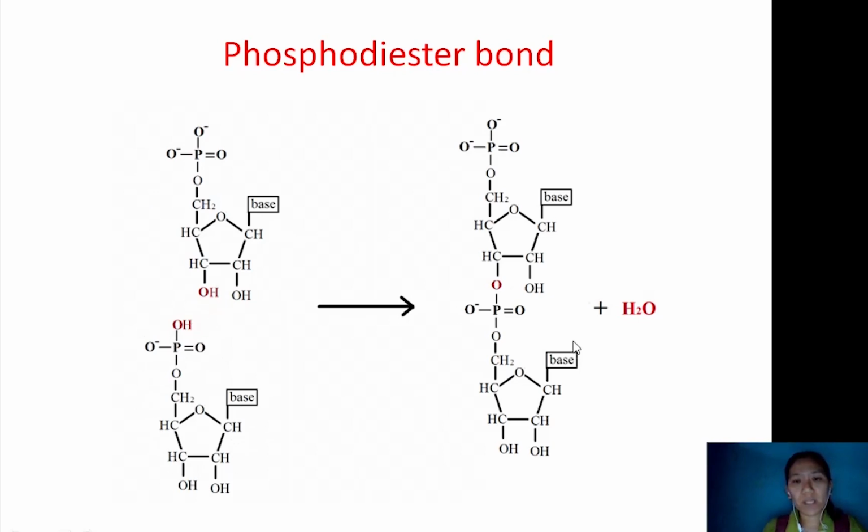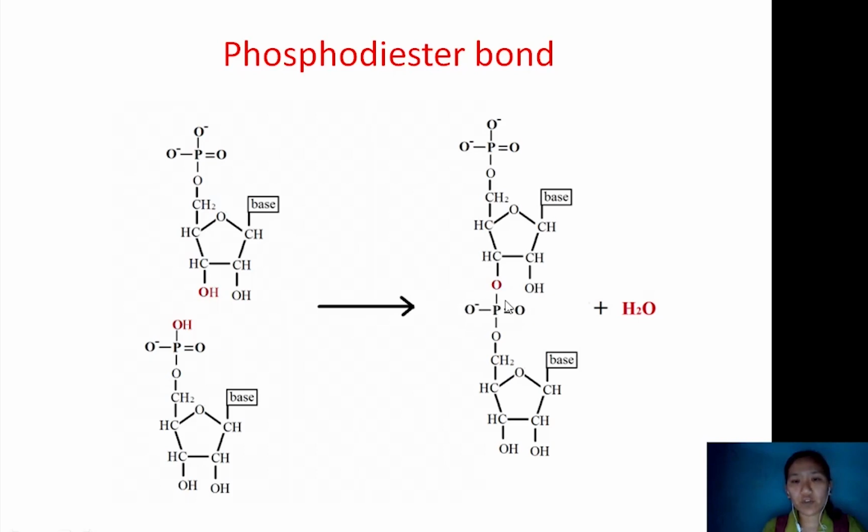They lose water and thus form a chain, let us say a dinucleotide. Such a bond is called a phosphodiester bond.